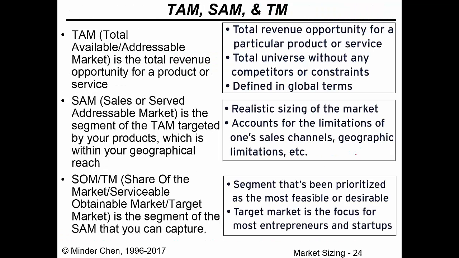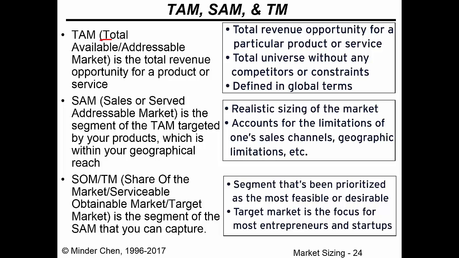The total available market is the biggest pie that you can grab. As a startup company, you do want to narrow your target so that you can be more focused. So let's go over some of the important terminology. However, the way terms such as TAM, SAM, and SOM are spelled out is quite different depending on who you are referring to.